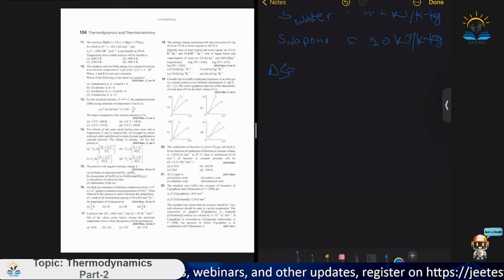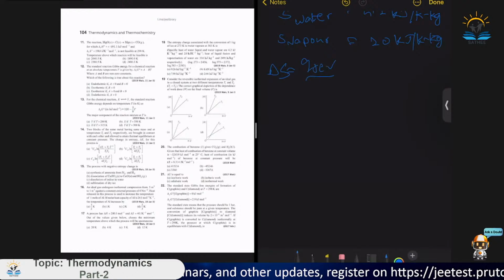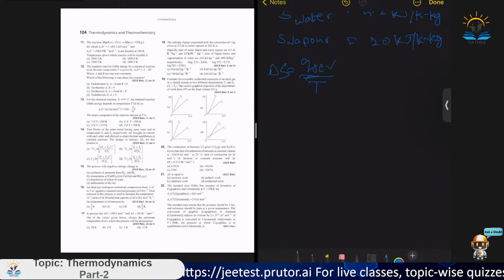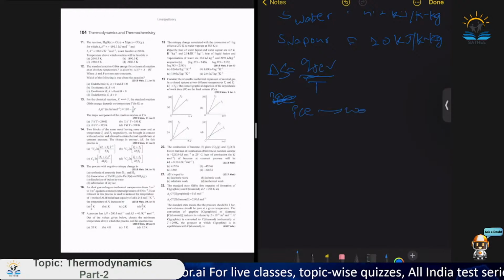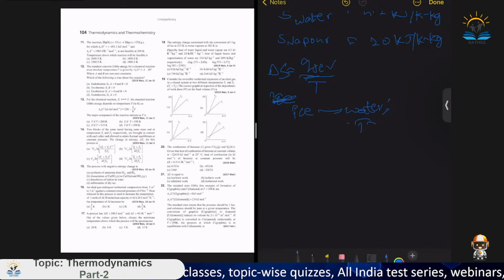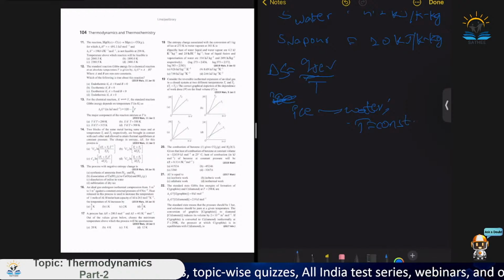Delta S is Q reversible by T, right? Okay, I have to derive some formulas here. Ice to water is a constant temperature process.